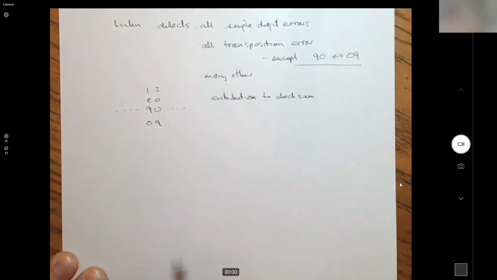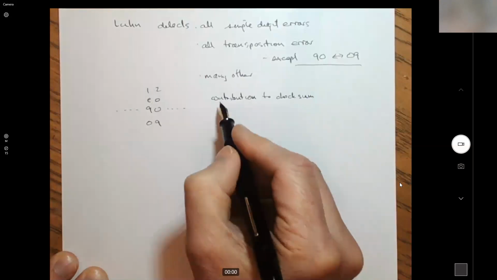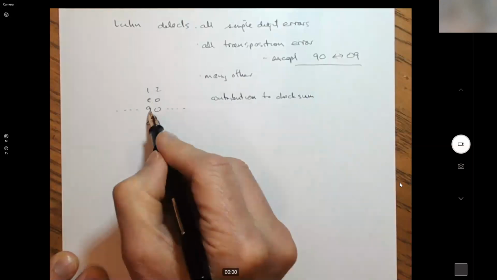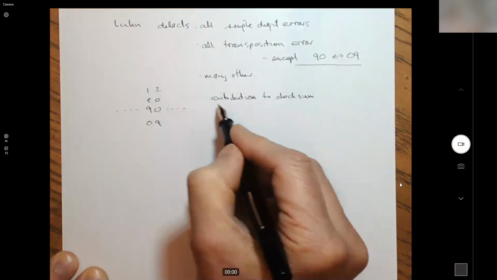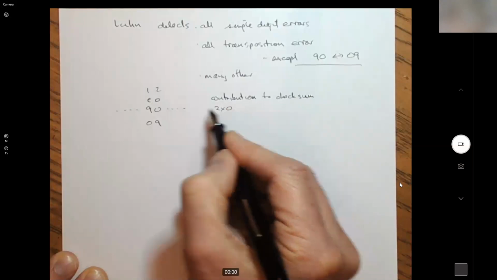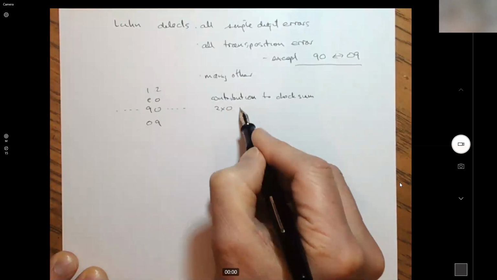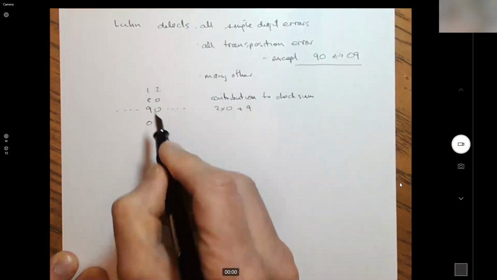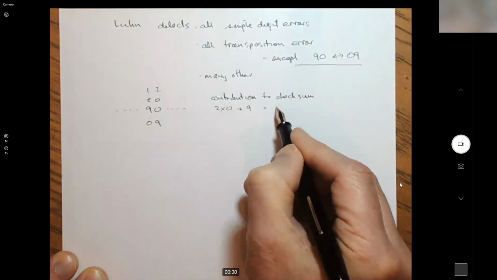So 90 contributes 2 times the 0, because that's in the odd position, plus the 9, which is in the even position, which is 9.